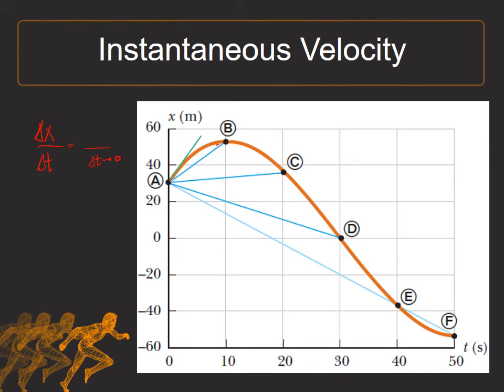Halos magkasing dikit na sila. Okay, ano na ngayon yung magiging velocity natin doon? If we find the limit of this delta x all over delta t as delta t approaches 0, nagkakapag-form tayo ng tangent line to this curve.